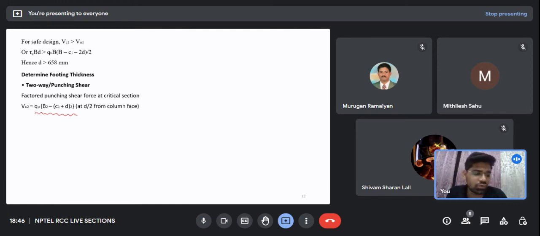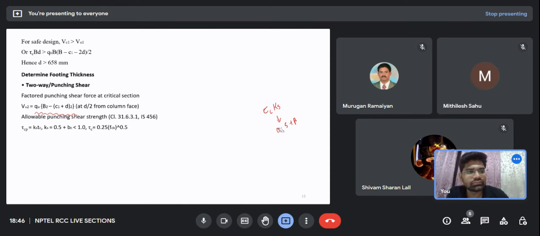In two-way shear, the shear resistance is given by kc tau_c into ks. What is ks? Ks is 0.5 plus beta. What is beta? Beta is the ratio of sides of my footing.